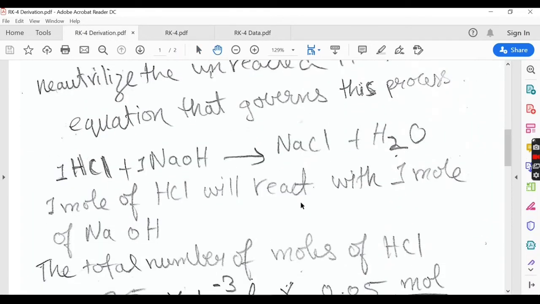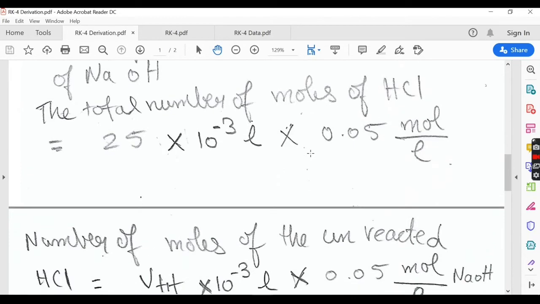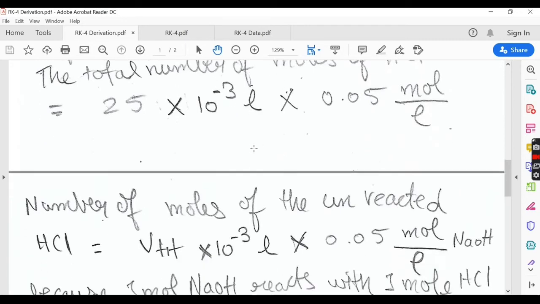And this is the equation that governs the reaction. 1 mole of HCl reacts with 1 mole of NaOH to give NaCl plus H2O. Therefore, the total number of moles of HCl will be 25 multiplied by 10 to the power minus 3 liter multiplied by 0.05. The 10 to the power minus 3 is to convert from milliliter to liter.